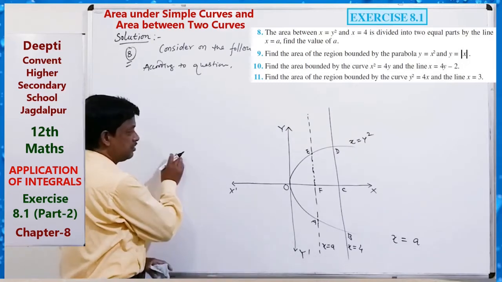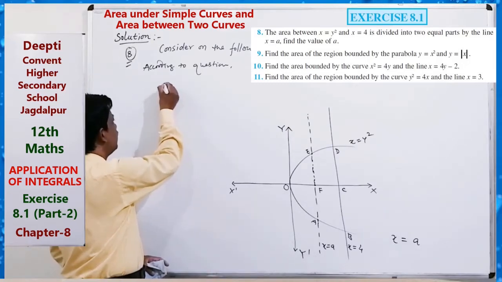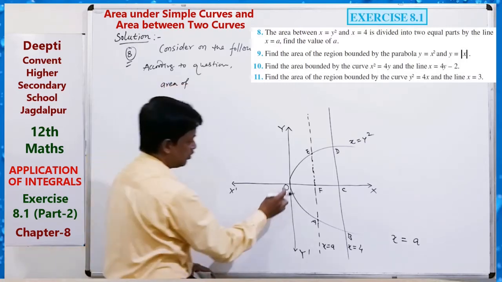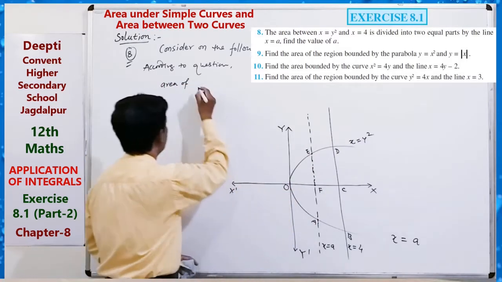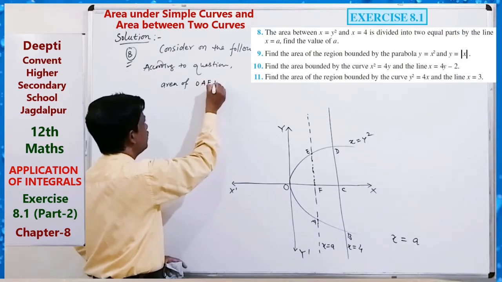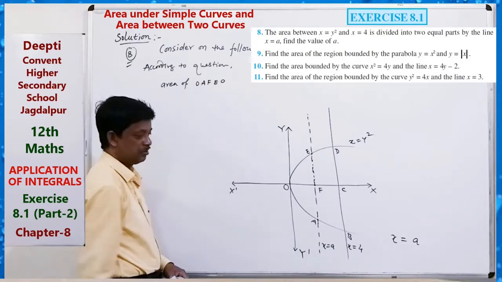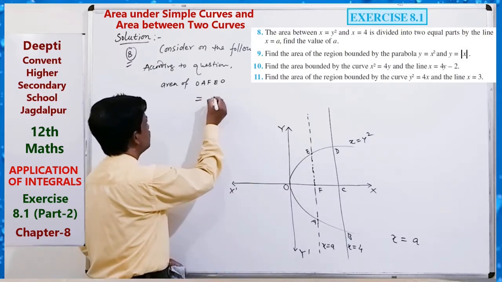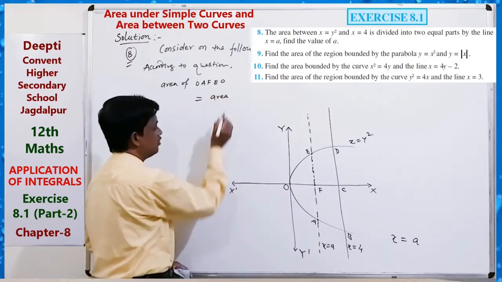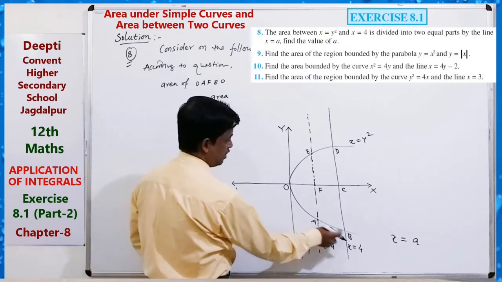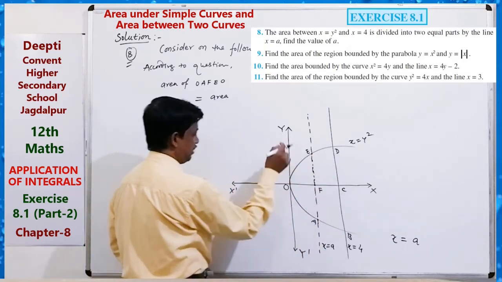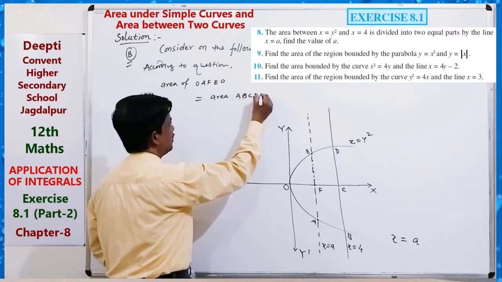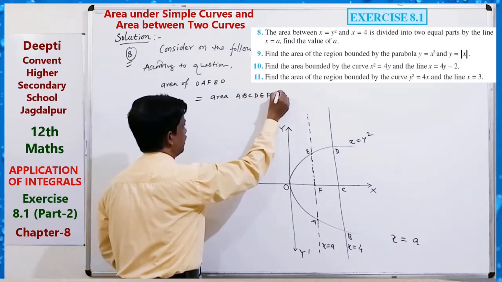So area of OAFEO, this part, is equal to area of ABCDEFA.